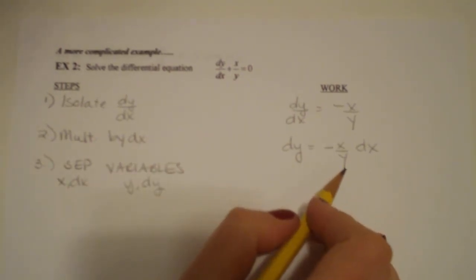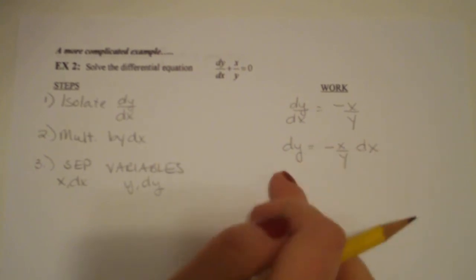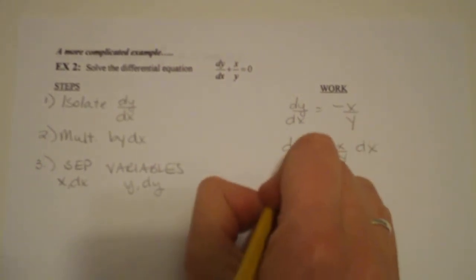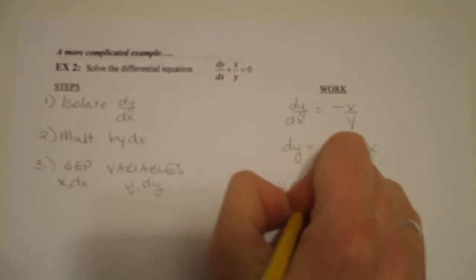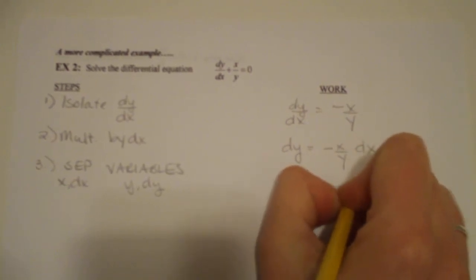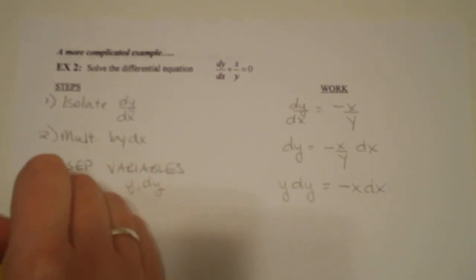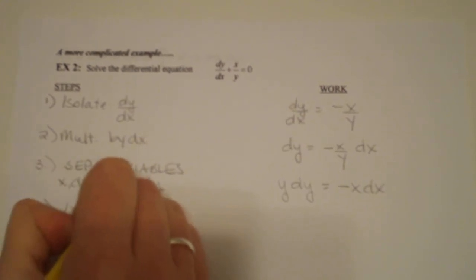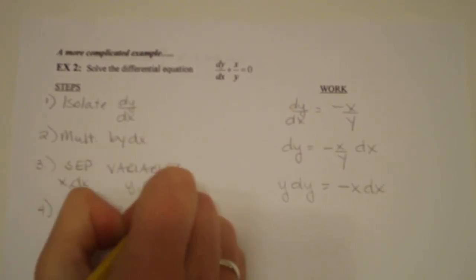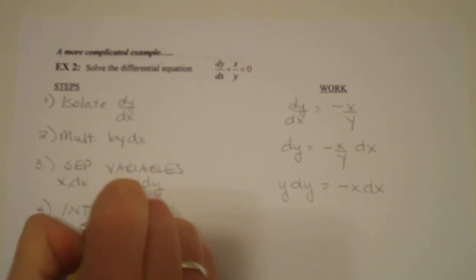So if I multiply both sides of the equation by y, I end up with y dy is equal to negative x dx. Notice I have it all grouped together, y's, dy's, x dx. That's perfect, because what you want to do next is integrate both sides.